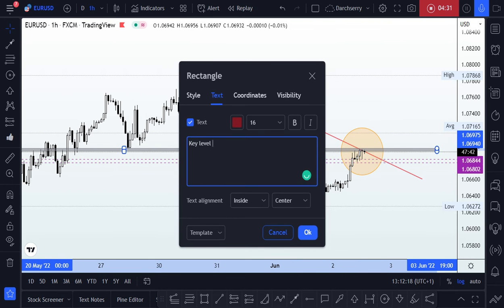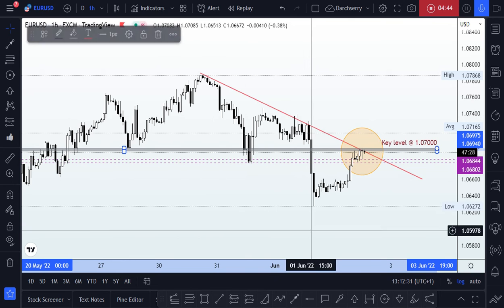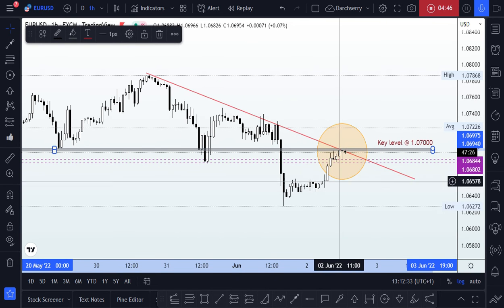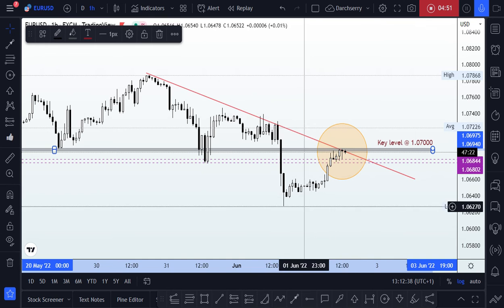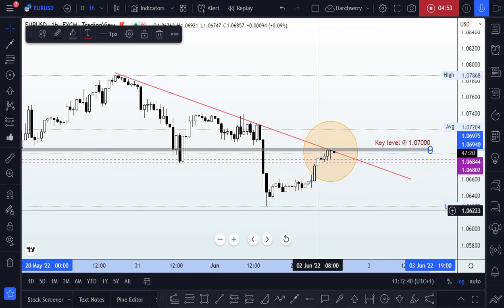We have a key level at 1.07, which is also a very strong psychological level considering the nature of the round figure. So we have our key level right at this area, and we are looking forward to price rejecting this area going into the New York session.